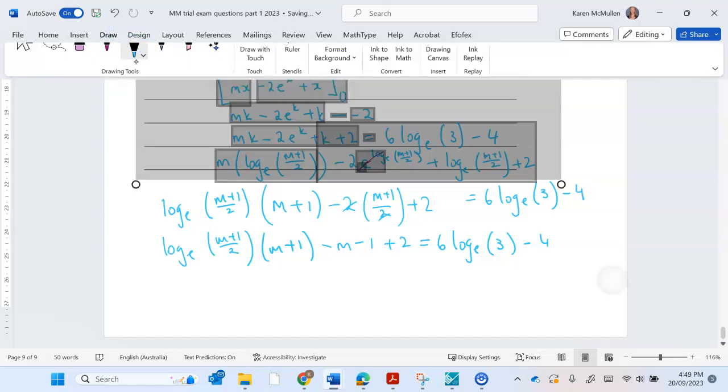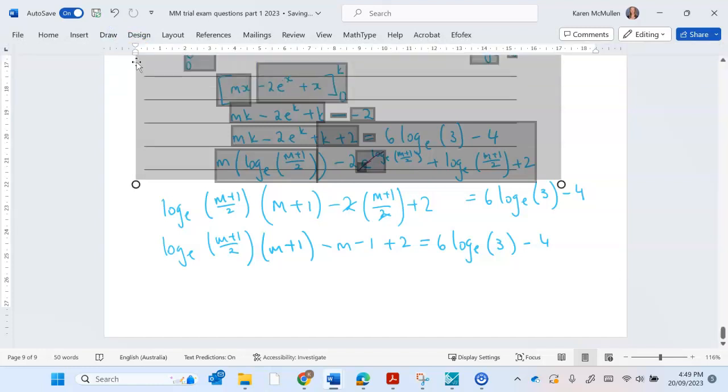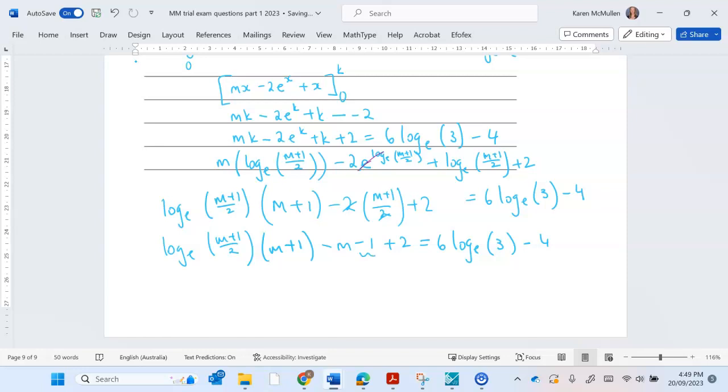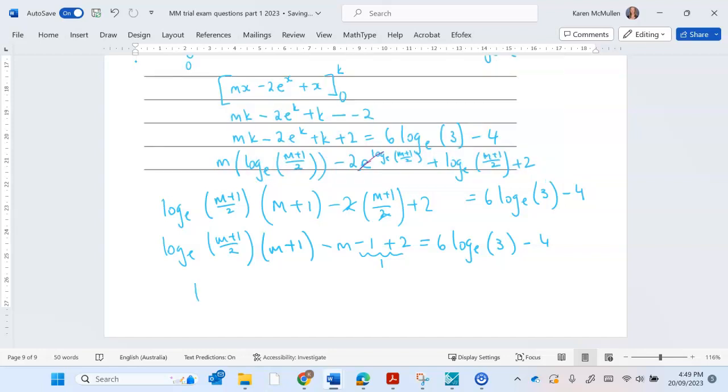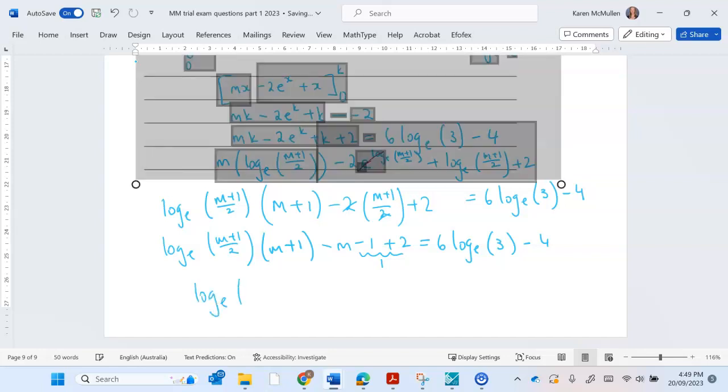Don't know why that just happened. I just want to erase, guys. Oh, right, just ignore that. I have no idea why it did that. I think my computer's also kind of crapping itself. Alright, so negative 1 plus 2 is 1. So let's just keep the log here. Oops, 6 log e.